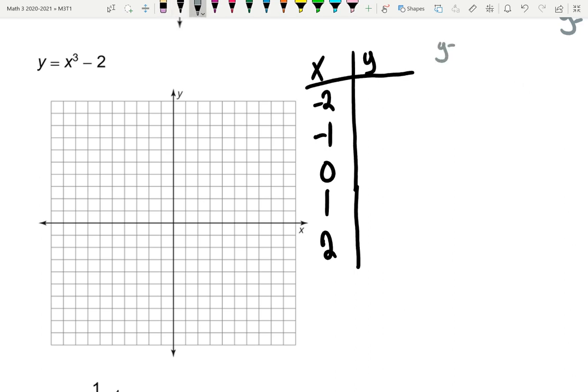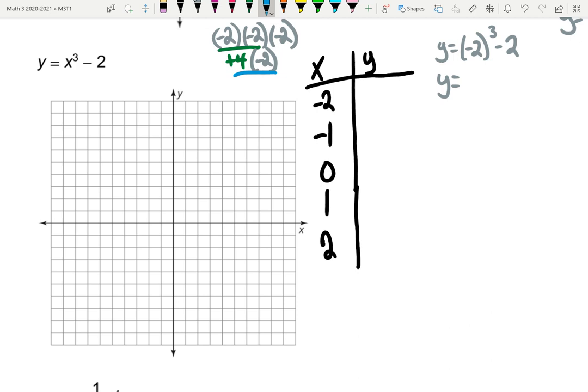My output is going to equal -2 to the third power minus 2. -2 times -2 times -2. When I write it out, I multiply the first two together, and I get +4. I multiply the second ones together, and I get -8.